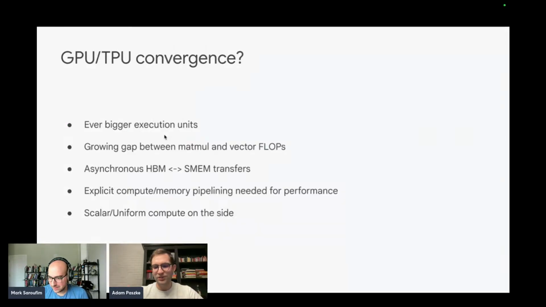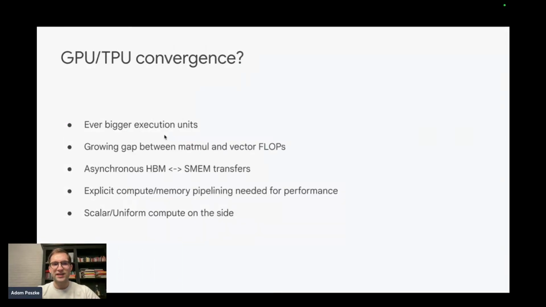All right. I think a really interesting point here is that, as I said, I can see quite a lot after having worked on Mosaic GPU. I see quite a lot of GPU and TPU convergence. If you look at the trajectory of GPU architecture generations, they're basically approaching a TPU, which makes sense if you think about it, because TPU started out as a matrix operation accelerator.